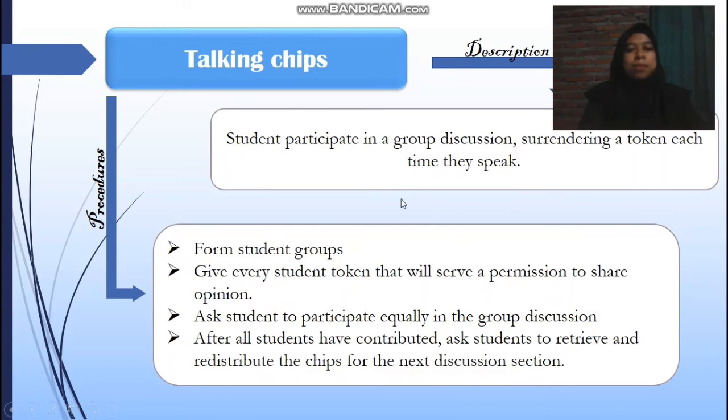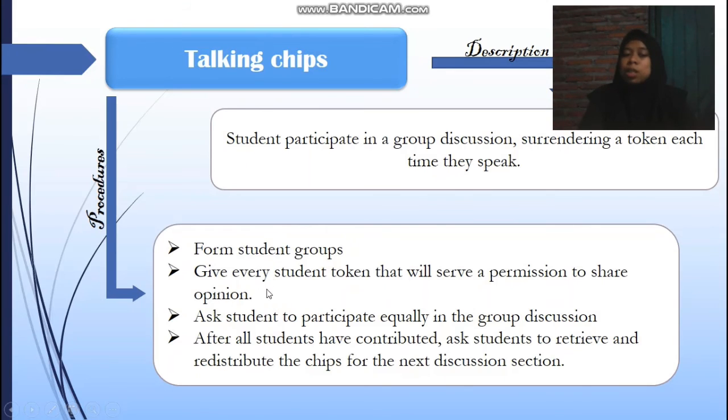So there are some procedures in this technique. First is form the student groups. It can be formed based on the size of the classroom and the number of students in the classroom. And the next is give every student a token that will serve as permission to share an opinion.